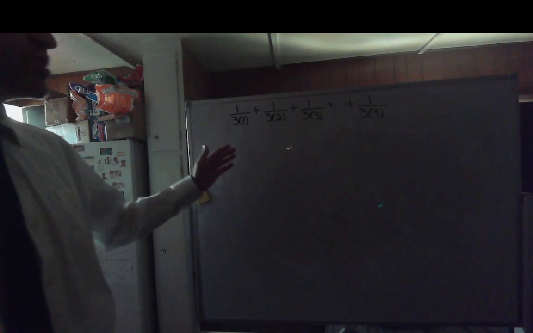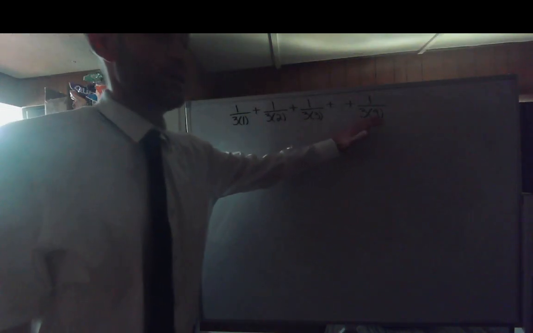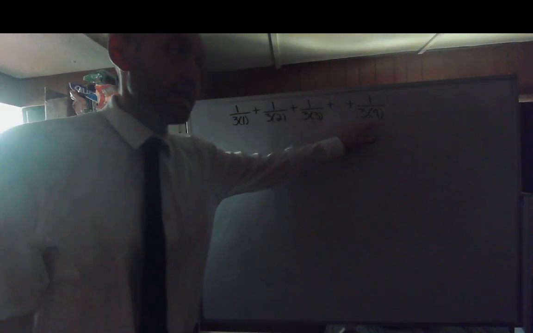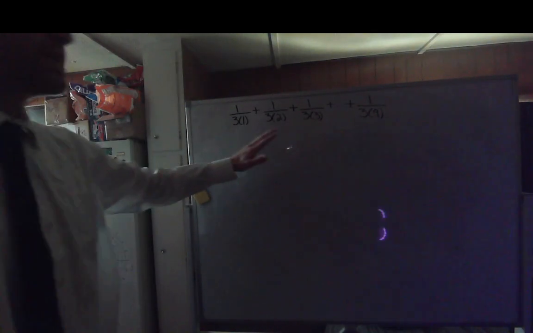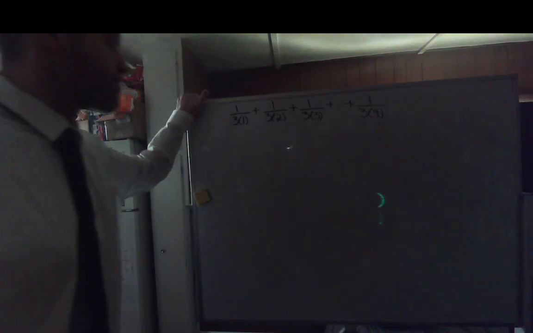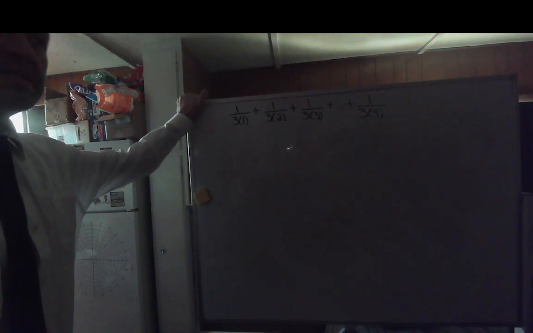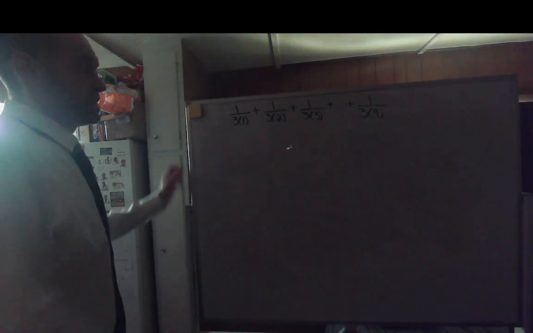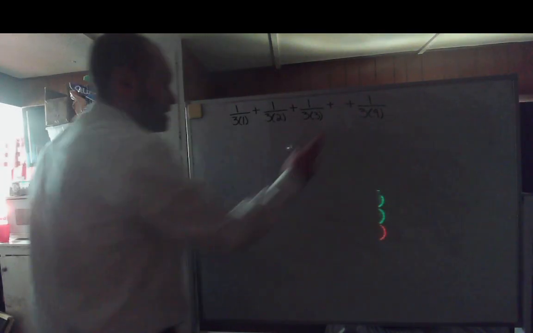In this case, you have a finite series because it starts at 1 and ends at 9. Now, there are also infinite series where it'll go on infinitely, but we're not doing that yet. This is just finite because it starts at 1, stops at 9.